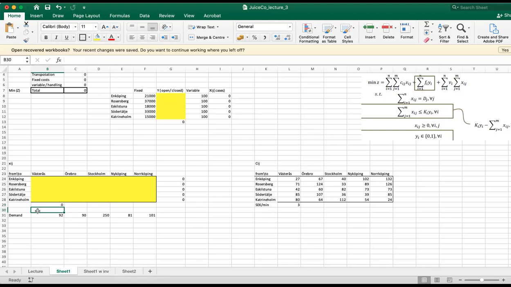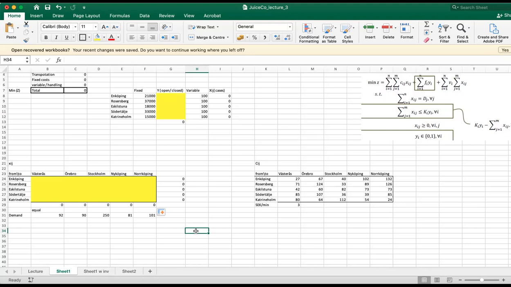Now you can put here, to remember, it should be equal to that. And you do everything: all the demand that will be sent to Stockholm should be exactly equal to the demand there. That's one of the decision constraints that we will put.